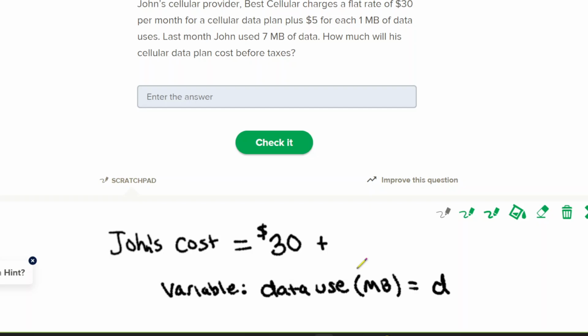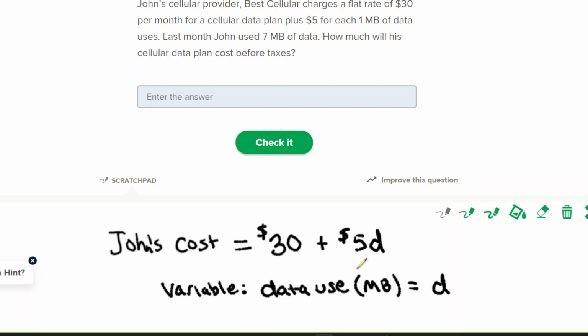I got the $30 cost plus $5 for every megabyte used. If D megabytes is used, that's 5 times D for how much John's being charged. If D were 1 megabyte, it'd be 5 times 1, $5. If D were 2 megabytes, it'd be 5 times 2, $10 being charged, and so on.